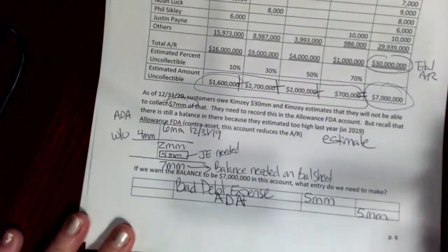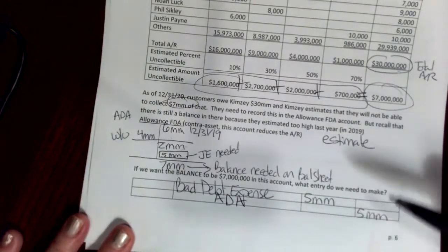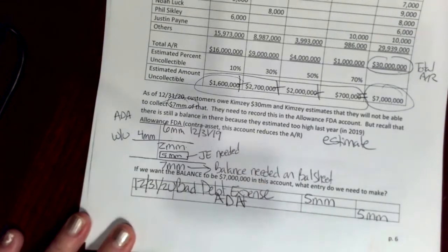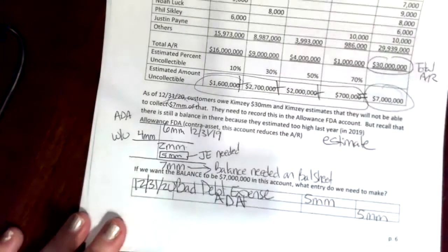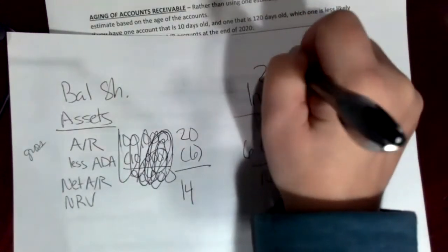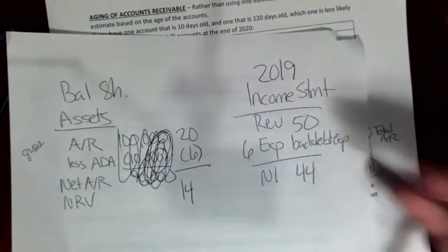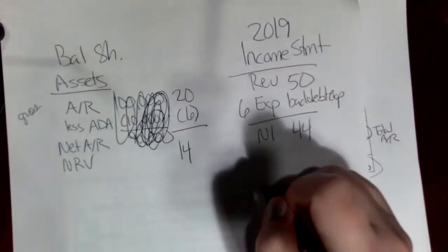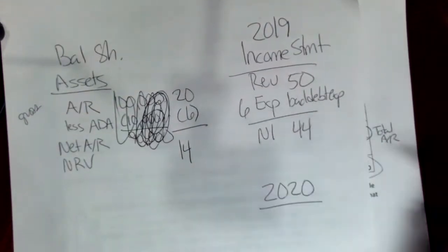So let's take a step back and look at this and see if this makes sense on our 2020 income statement. Remember, did I write that down somewhere? Yeah. Remember I said on our 2019 income statement that in hindsight, they said, oh, we really had too much bad debt expense on there, right?